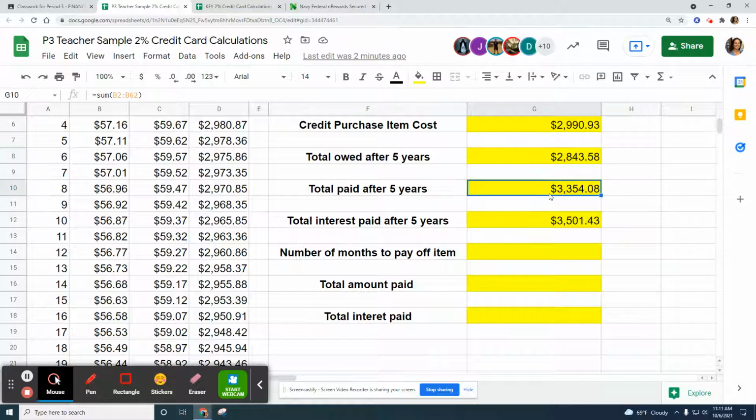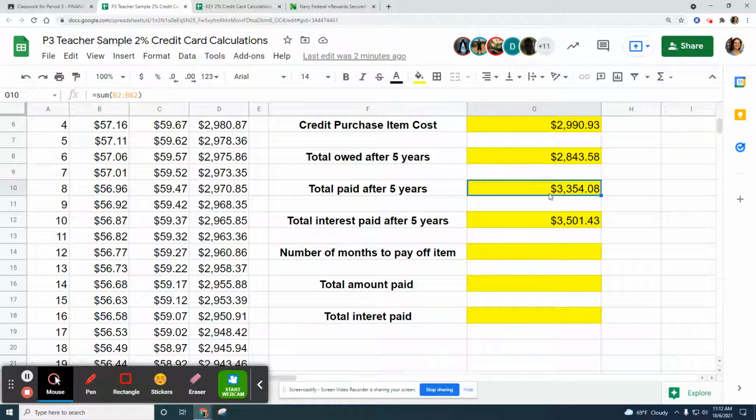Total paid after 5 years is summing up the B column. It's equals sum, parentheses, B2 colon. Is it a colon or a semicolon, you guys? This is killing me. That's the colon, not the semi? Okay, good. Equals sum, parentheses, B2 colon B62.